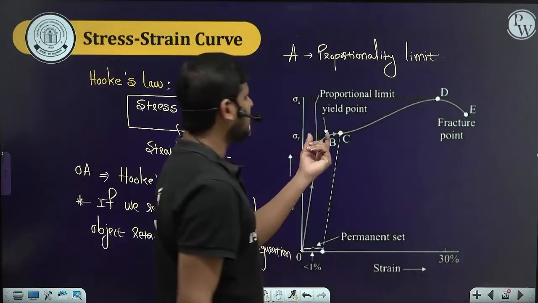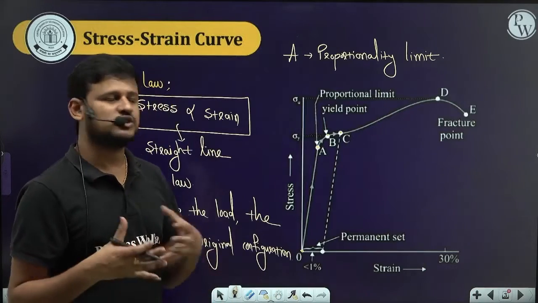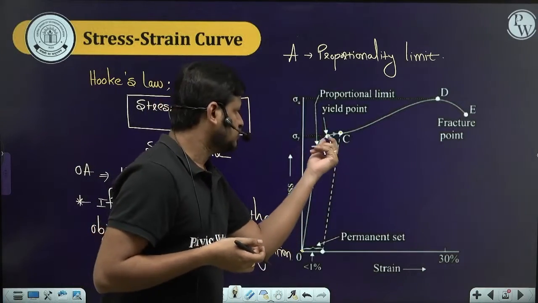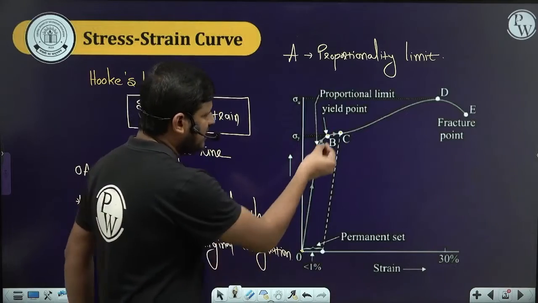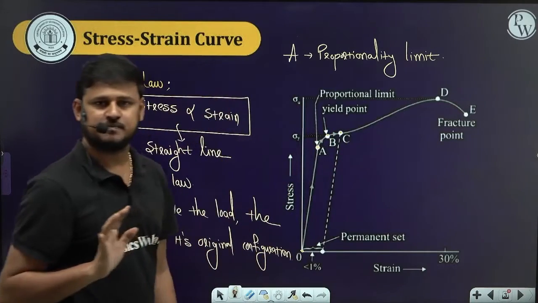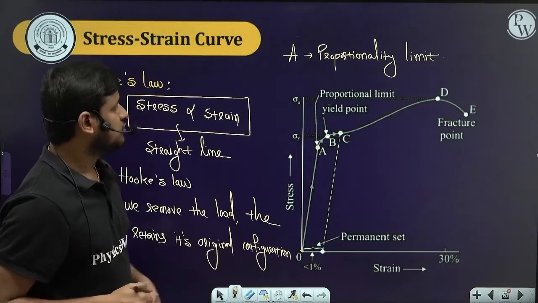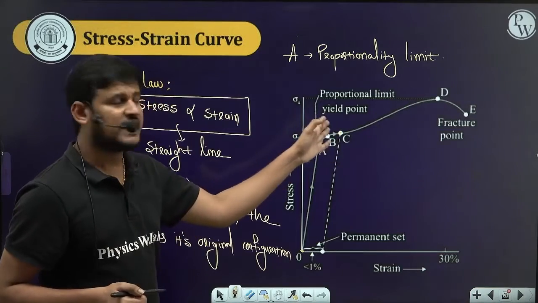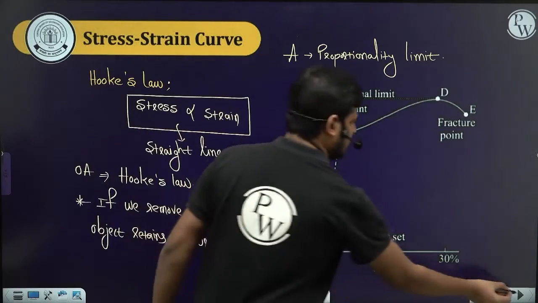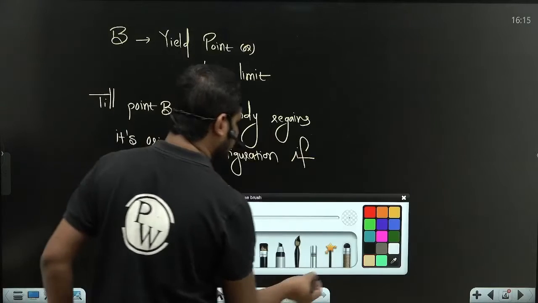Up to point B, whatever stress or load you apply on the object, if you remove that load, the body will come back to its original shape, original configuration. Beyond B, the elastic property reduces. So this is all the theory concept.